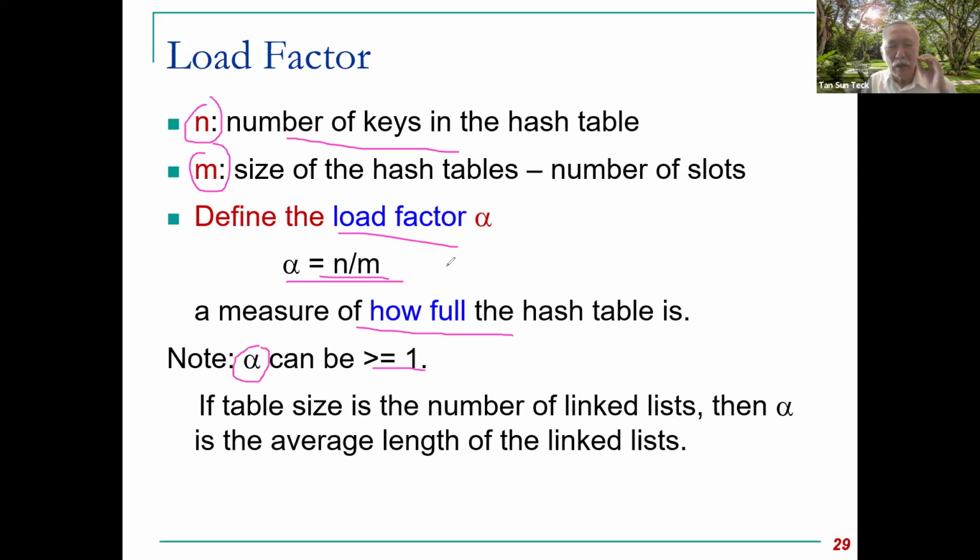But for the other three methods, the load factor should always be less than 1. In fact, they specify a number so that whenever the load factor goes over this number, you should rehash everything. If the table size is the number of linked lists, then alpha is the average length of the linked list. And every time you go over this average, you should not add one more element to this list, and you have to do a rehash.